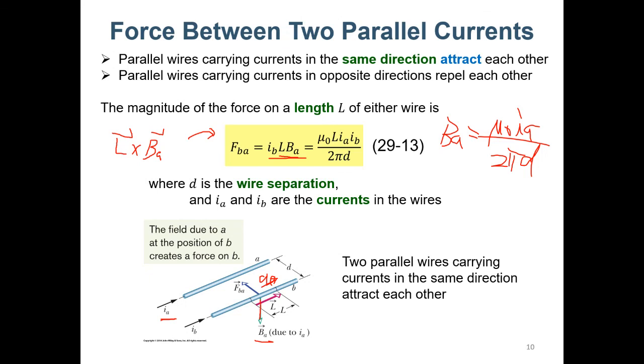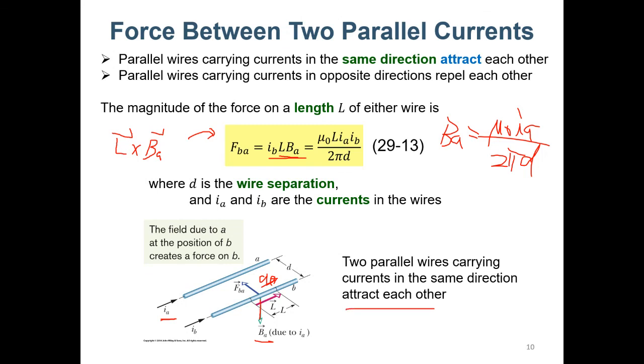So suppose there are two parallel wires and the current is going in the same direction, then IA will attract IB, and IB will also attract IA. So they will attract each other.